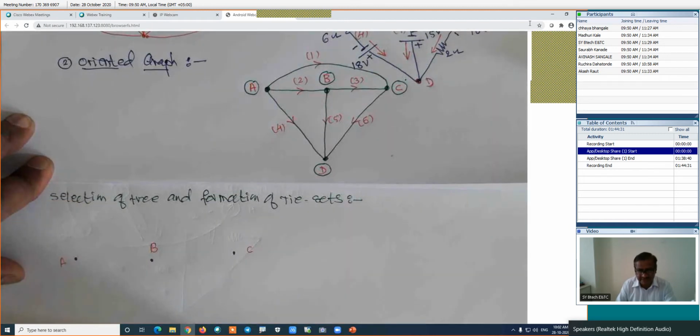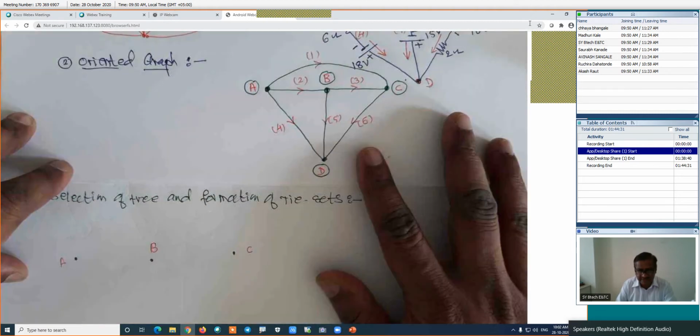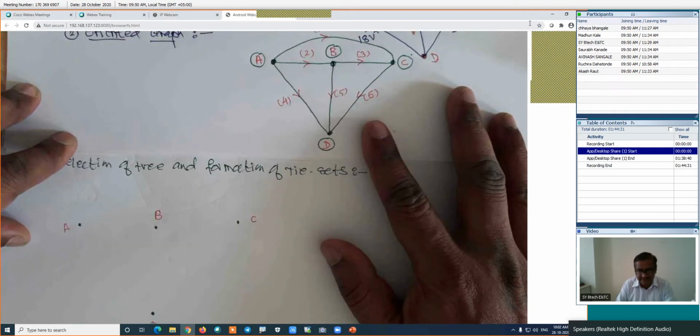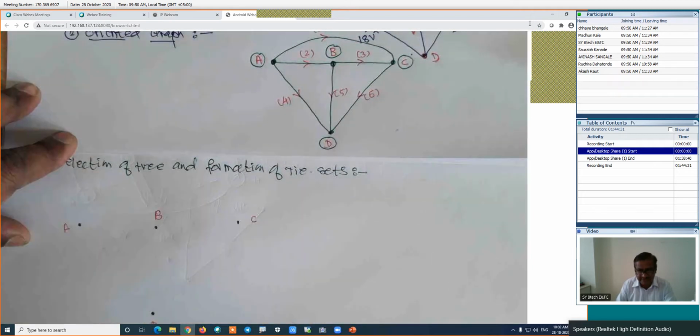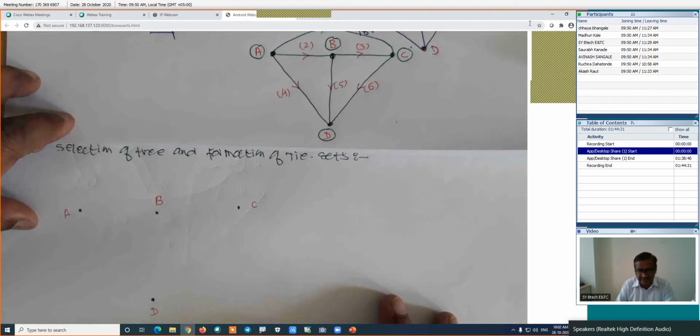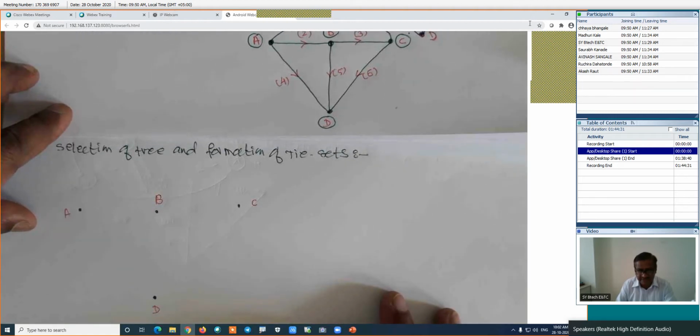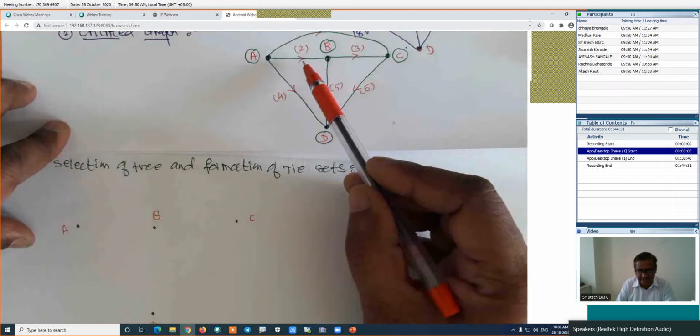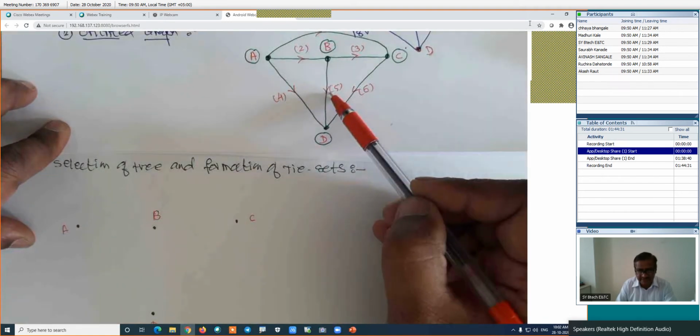Out of these 4 nodes, select a path which will connect all the nodes directly or indirectly without forming a loop. In this case, they have not given the tree, but they have given the flexibility to assume the tree ourselves. For this figure, I am taking branch number 2, branch number 3 and branch number 5 as a tree.